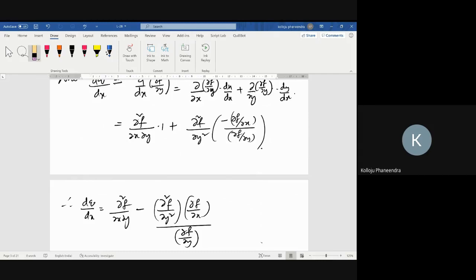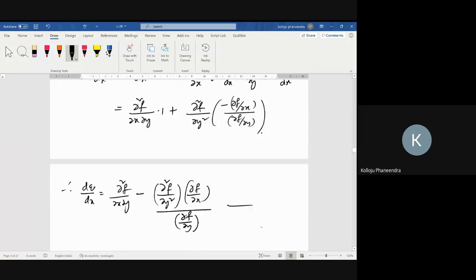This is equation number 4. Put 3 and 4 in equation 2.